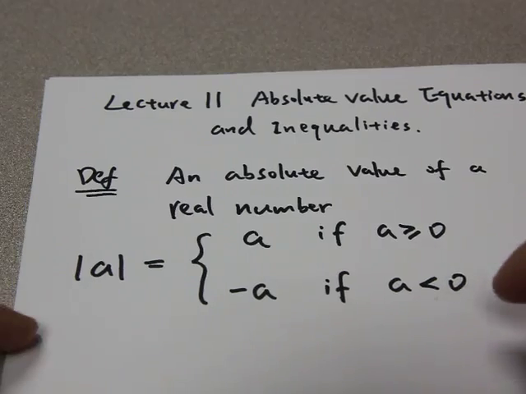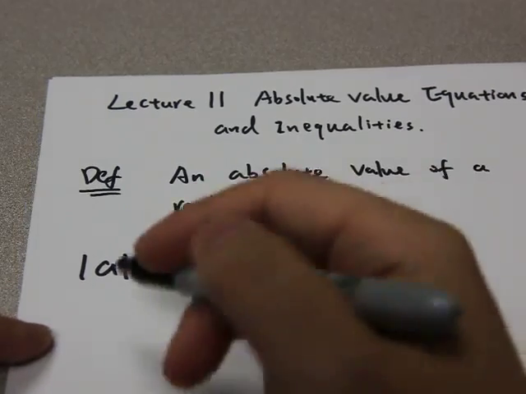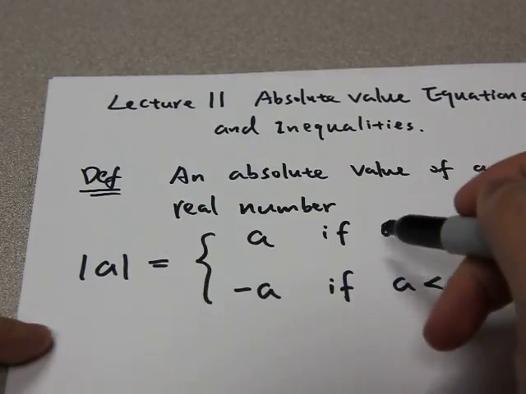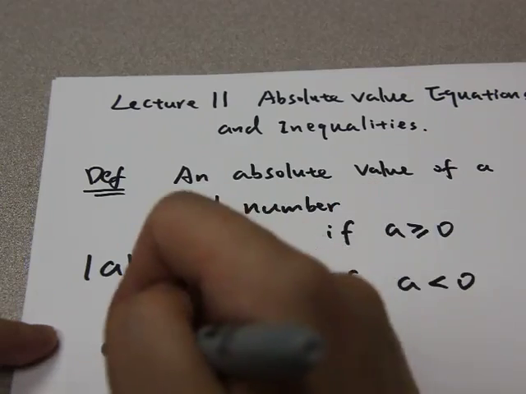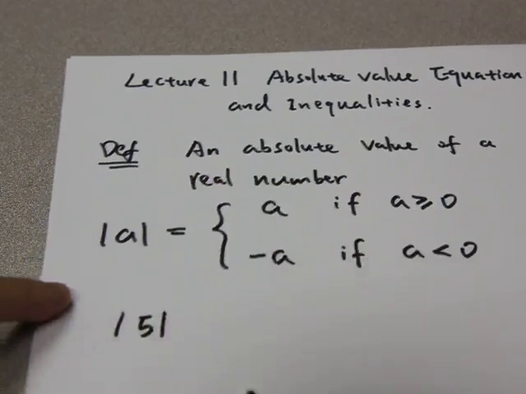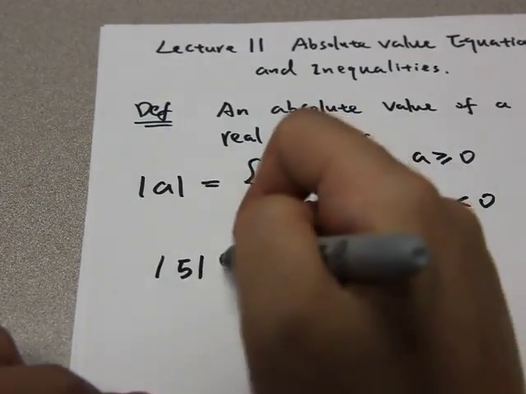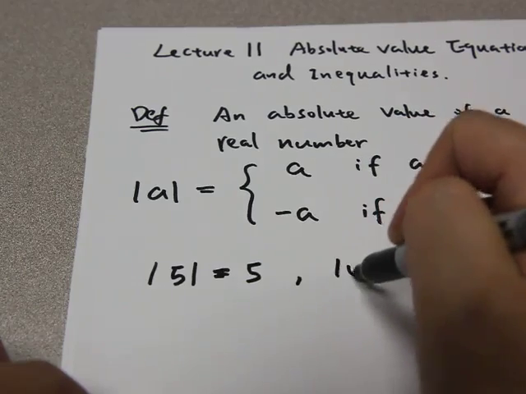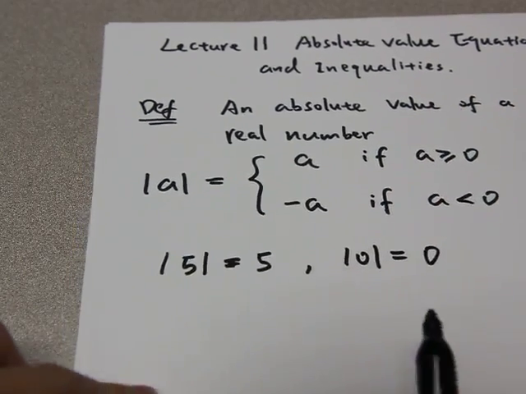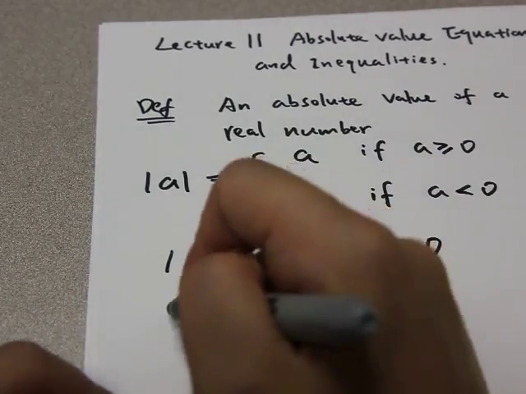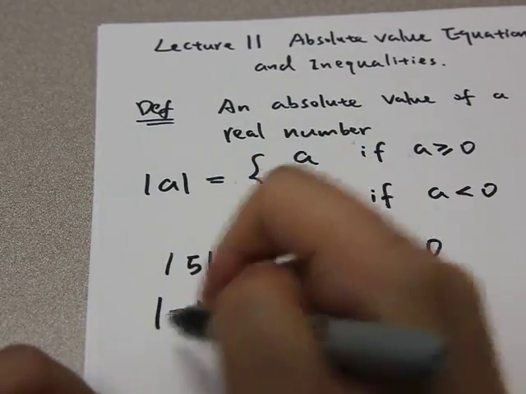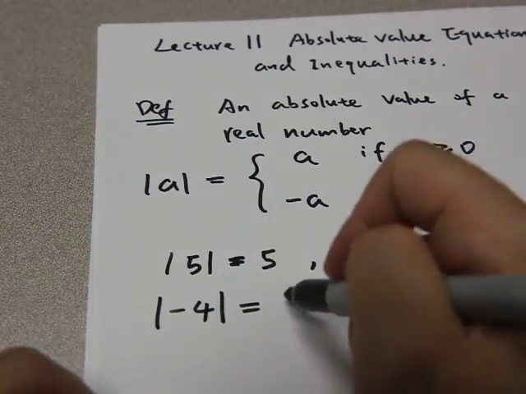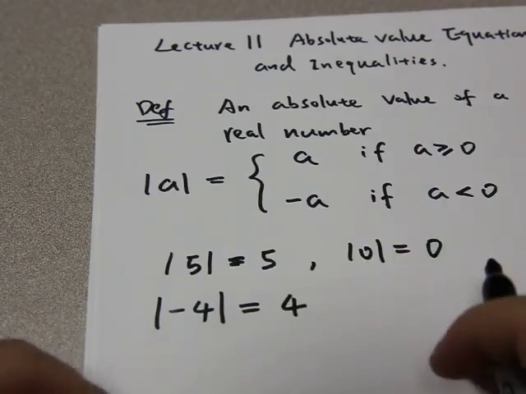So what this definition means is if a real number is positive or the real number is 0, then when we take the absolute value of this number, the result will be the number itself. However, if the number is a negative number, when we take the absolute value of this number, the result will be the opposite, will be positive 4.